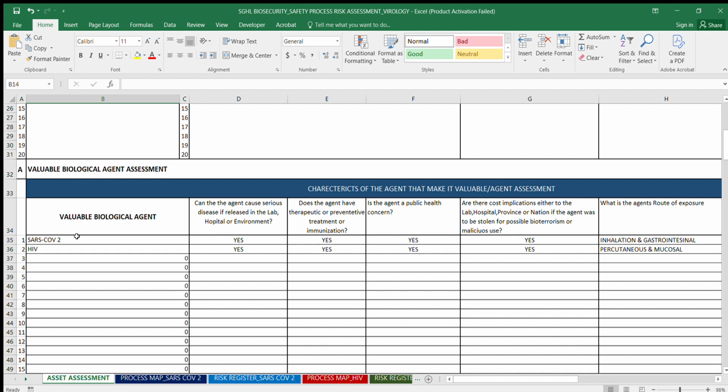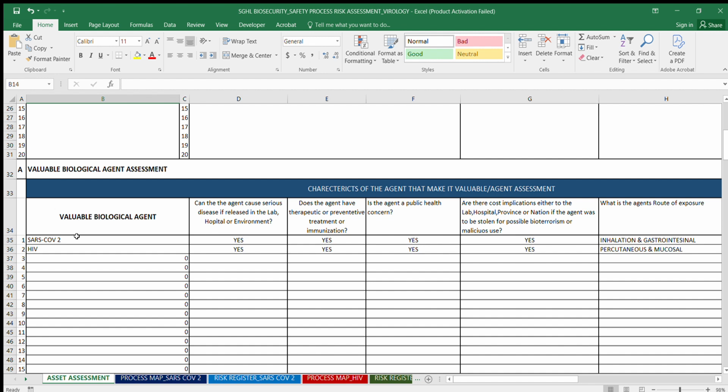We're asking what characteristics of this biological agent make it high consequence or increase the chances of someone coming to get it, because they may be attracted by how easily it can be disseminated, how it can quickly kill a lot of people, or how it can spread from one person to the other quicker than other biological agents.